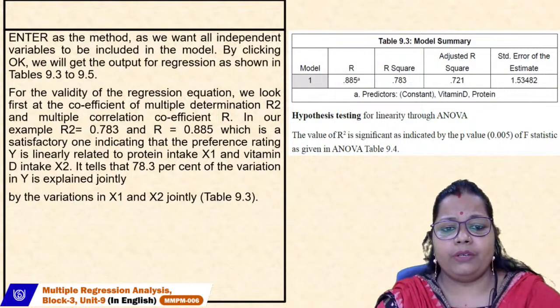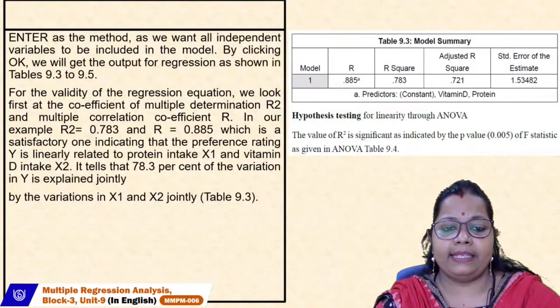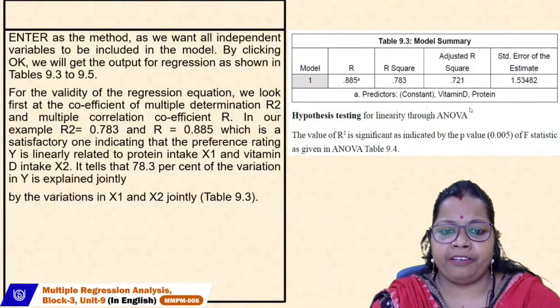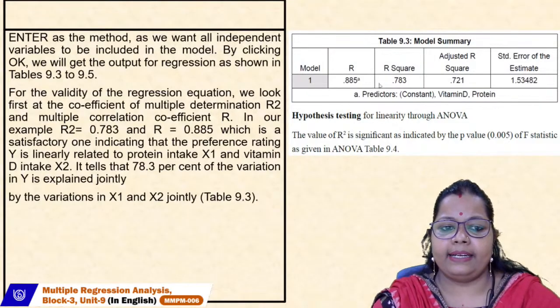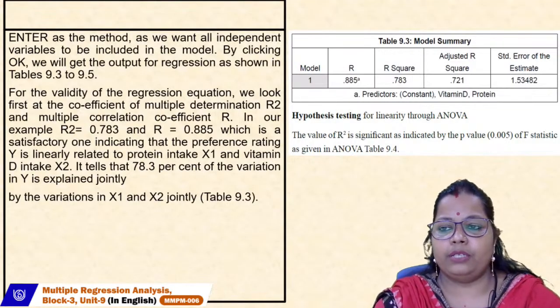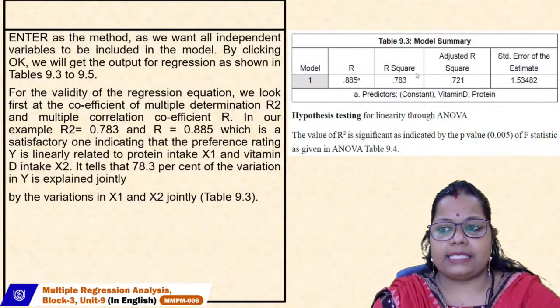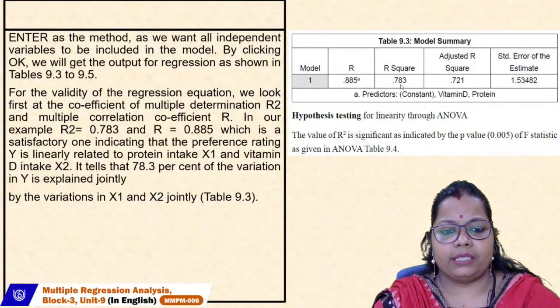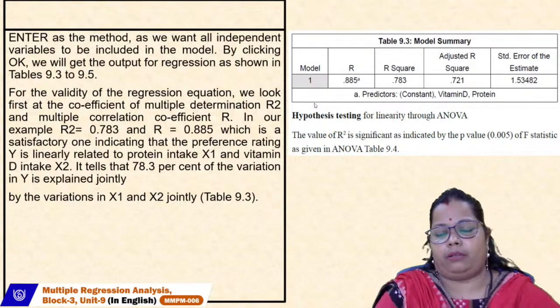It is 0.783 and the R value is 0.885, which is satisfactory, indicating that the preference rating Y is linearly related to the protein intake X1 and vitamin D intake X2. It tells us that 78.3% of the variation in Y is explained by these two independent variables.